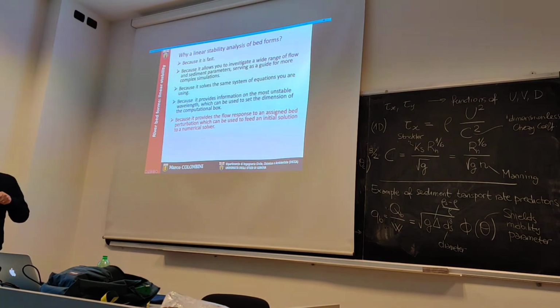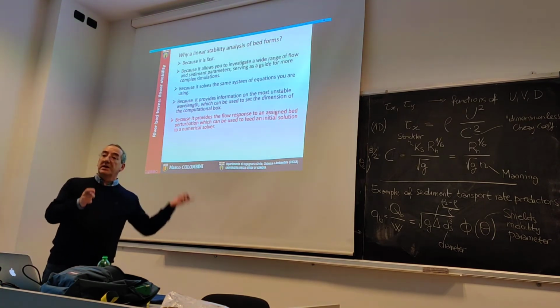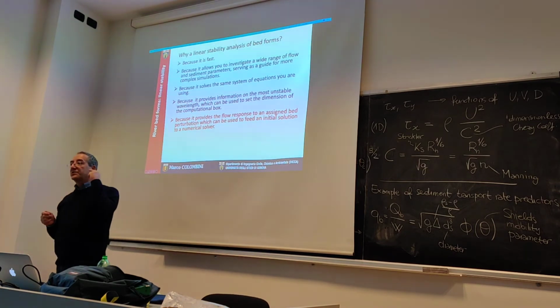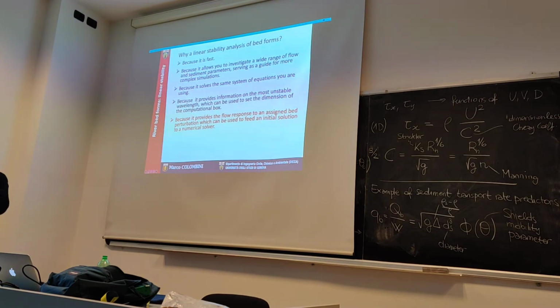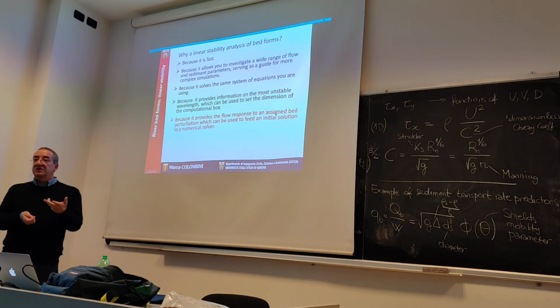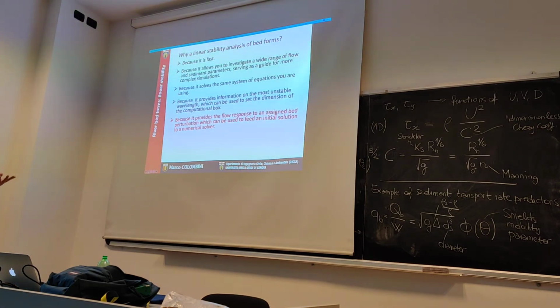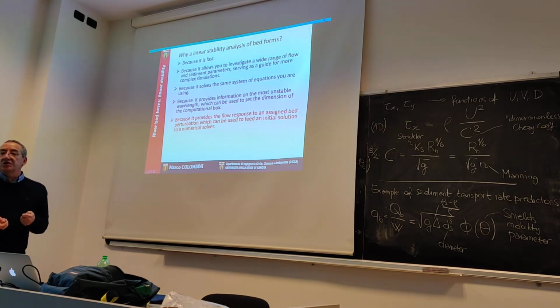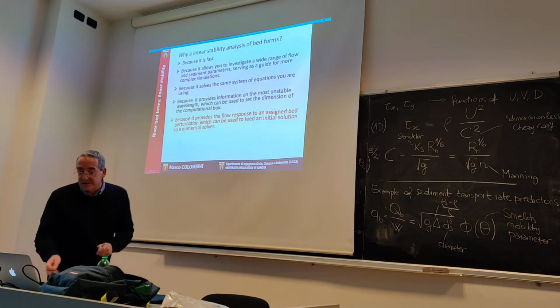So if you give a perturbation of the bed, then the flow should adjust accordingly to the equation. Otherwise, you introduce noise in the simulation, okay? Because you are forcing a solution which is not natural, which is not a solution of the problem. So once again, this is a subproduct, but can be useful. So you are doing a numerical solution, you need to give a perturbed initial solution with more disturbances, and the linear analysis gives you exactly that.